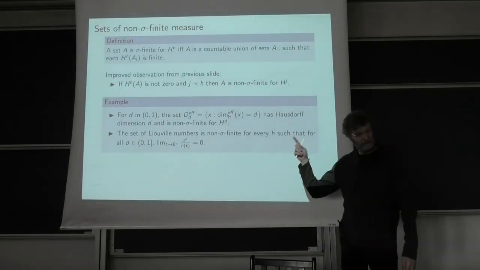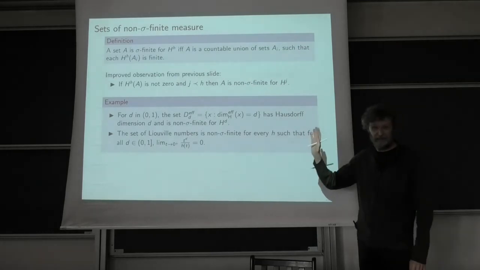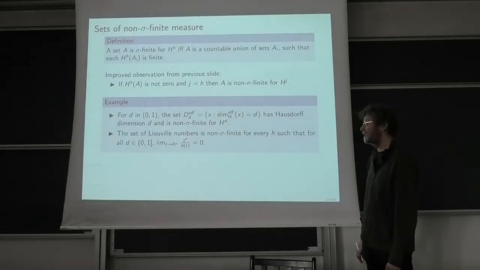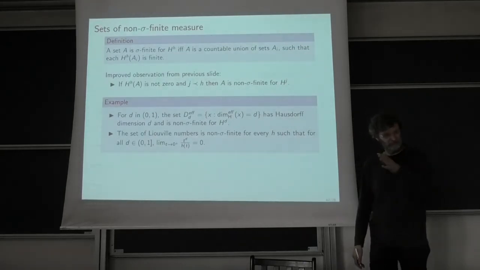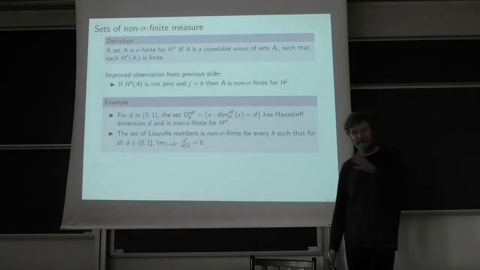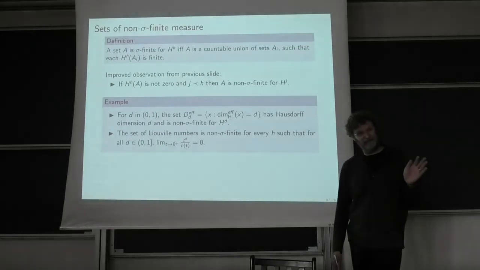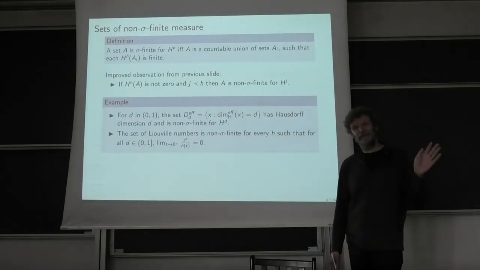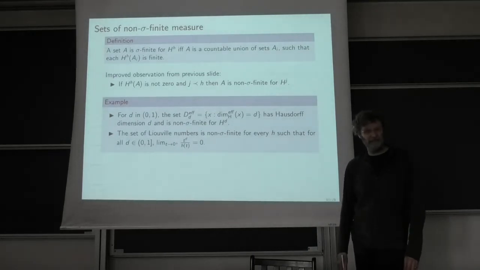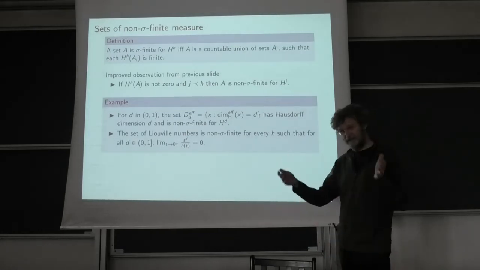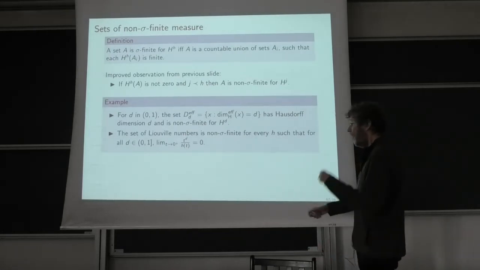The examples I just gave with the Hausdorff measures are sort of the canonical examples of measures that are not sigma finite. I mean, you can construct them in different ways, but if somebody's looking for a natural example, the thing that's always provided is the Hausdorff measure.